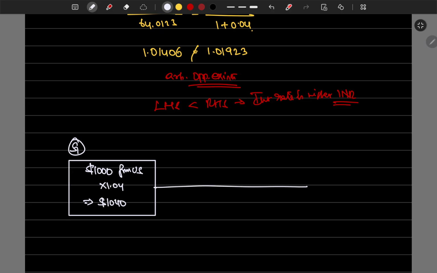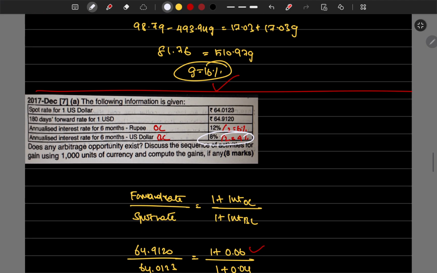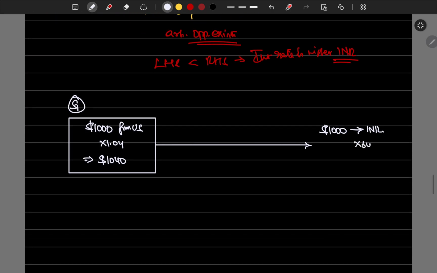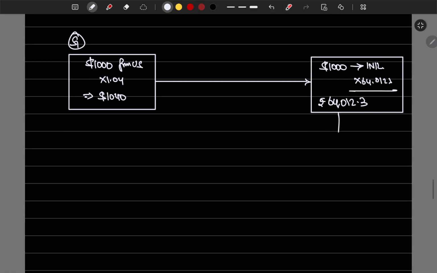Now we have to convert that $1,000 into INR at the spot rate today, 64.0123. 1000 into 64.0123 is 64,012.3 rupees. Yes, we have converted.